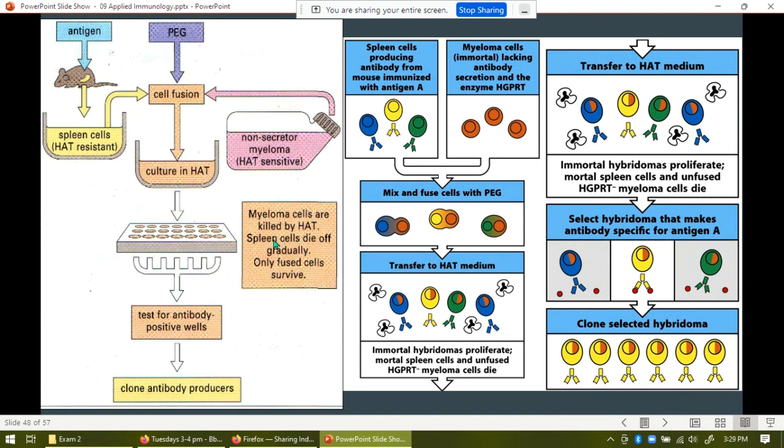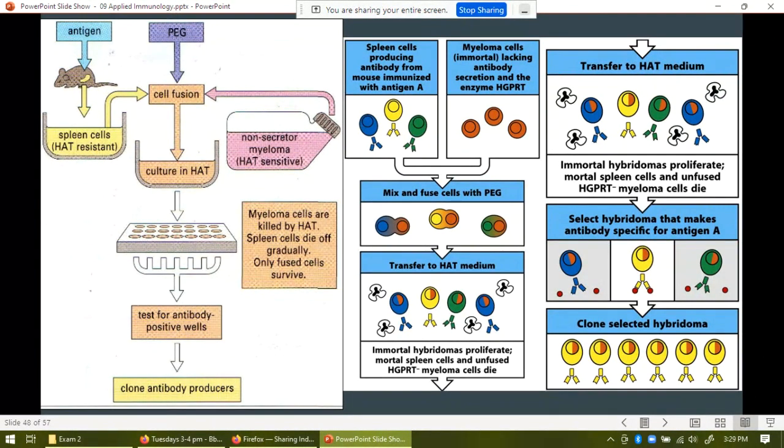They survive the HAT medium because they have partial plasma cell characteristics, and they're immortal because they have partial myeloma cell characteristics. Next, you're going to test for the antibodies in the supernatants of each of these wells. And if your antibody is being made in that well, guess what? You're going to clone the cell in that well, and you're going to make as many of that cell as you possibly can so that you can make a bunch of monoclonal antibody.